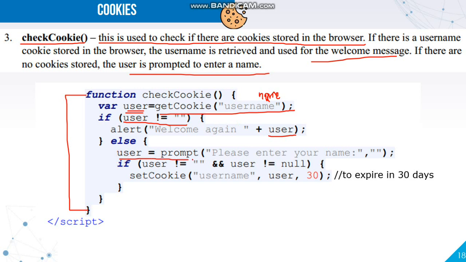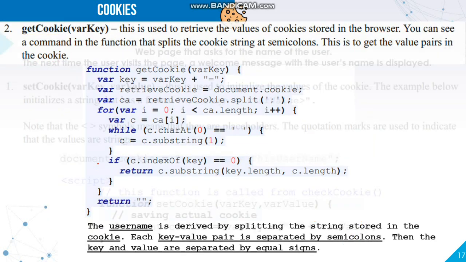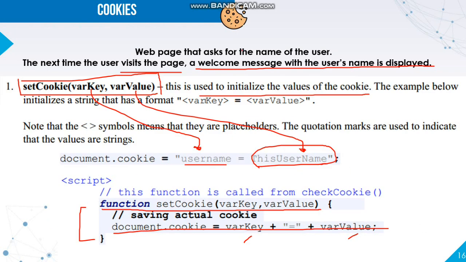Else, if the user is not set, we will prompt that you need to enter the name. Make sure that it's not blank or null, and then we can just set the cookie again, and this will expire in 30 days. That's how we can answer the particular scenario, which is creating a welcome message that can be displayed.